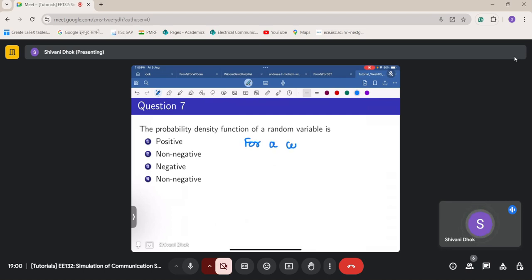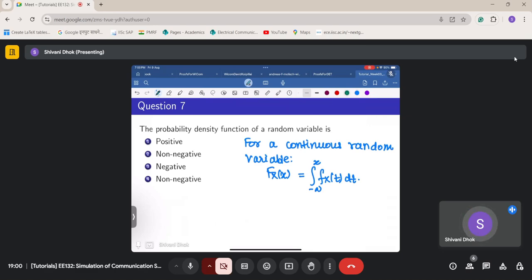For a continuous random variable, your CDF can be written as integral from minus infinity to x of fx of t dt. Okay.